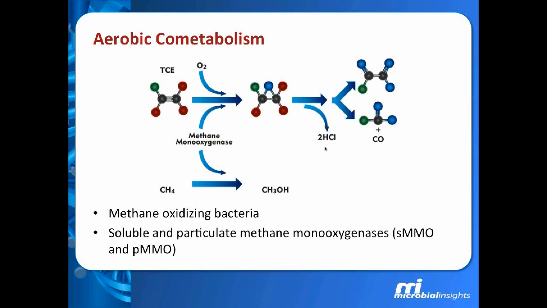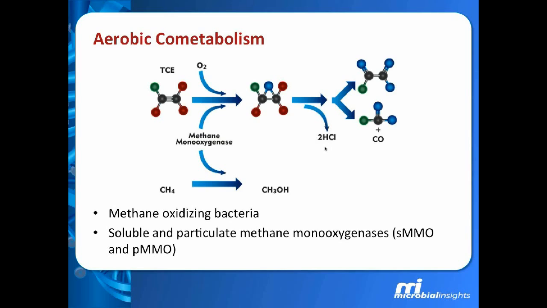So in general, cometabolism of chlorinated ethenes is mediated by monooxygenase genes with relaxed specificity that oxidize a primary growth-supporting substrate and co-oxidize the chlorinated compound. Like in this example, in the presence of methane, methanotrophs produce methane monooxygenases, which will oxidize methane to methanol, but can also co-oxidize the TCE.